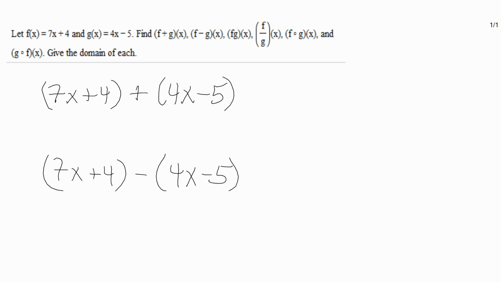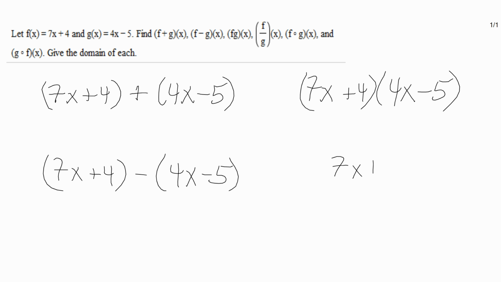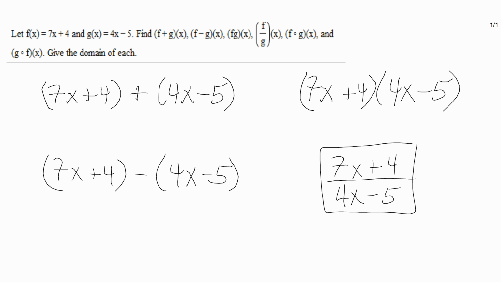And then 7x plus 4 times 4x minus 5, that's your multiplication. And really, there's nothing you can do with division. I'm going to go ahead and do it because 7x plus 4 divided by 4x minus 5, there's nothing you can do there. So there's that.